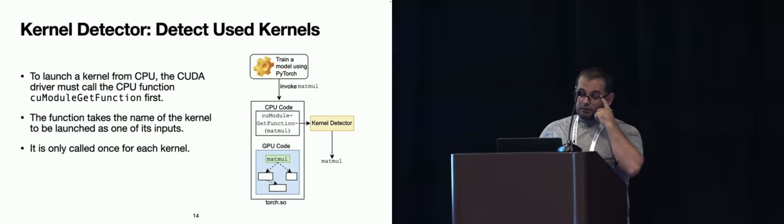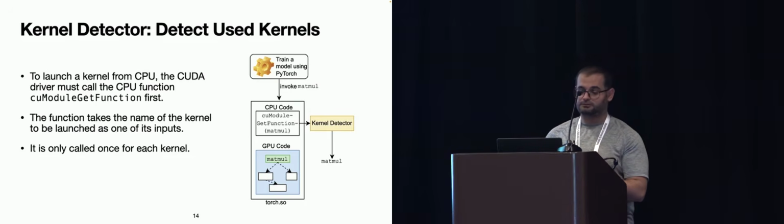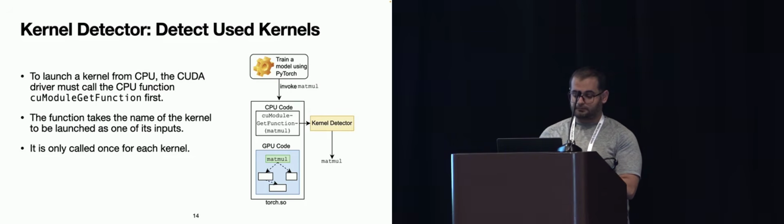So let's continue on that example. If we see here for detecting used kernels, based on the observation, the kernel detector hooks the function cuModuleGetFunction, and it extracts its input. And this input will indicate the kernel launched from the CPU.